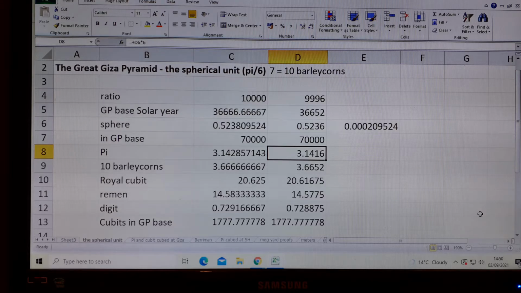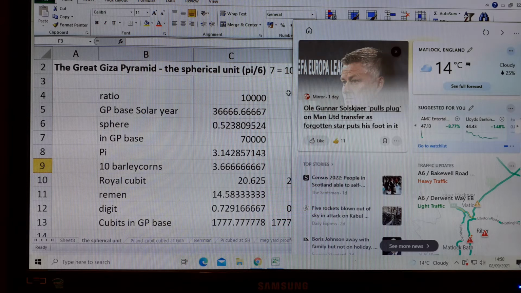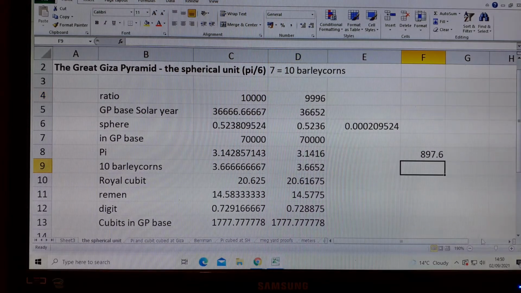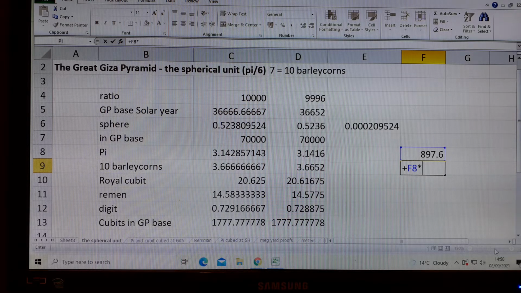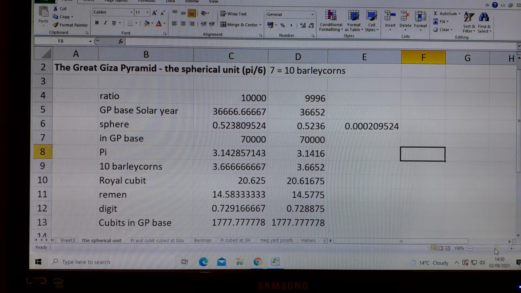So let's just do that. 330 times 2.72 is that. Sorry, multiply it by 3.5. We get 31416. It's there in the design. And Tom actually flagged it on page 47 of his first book.